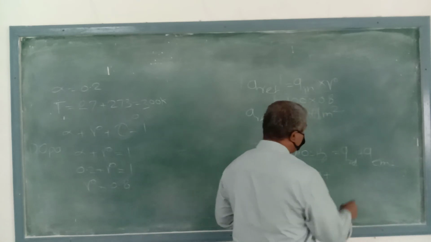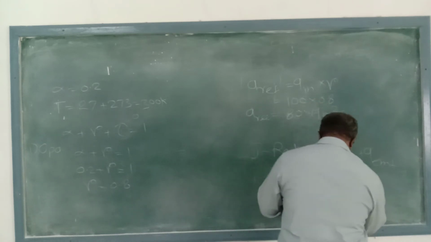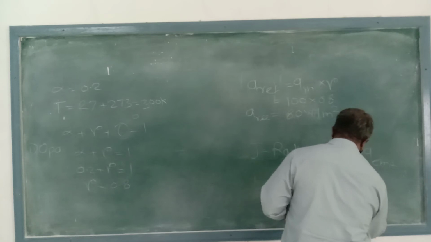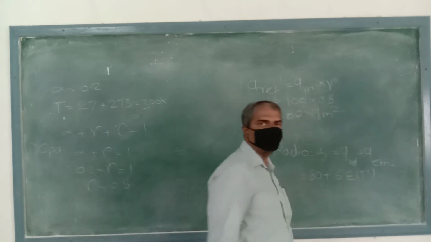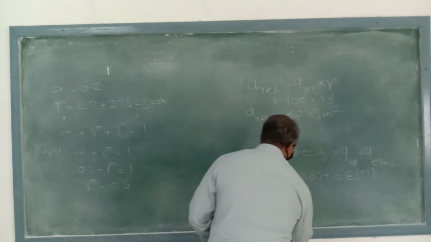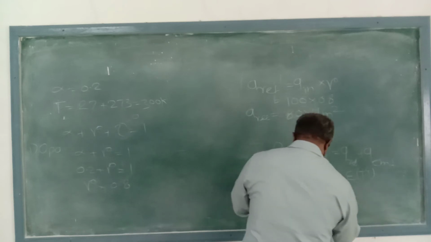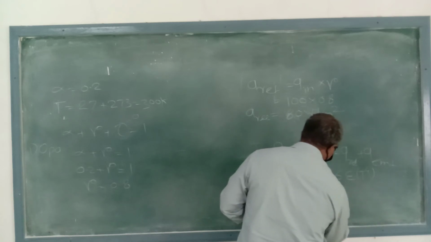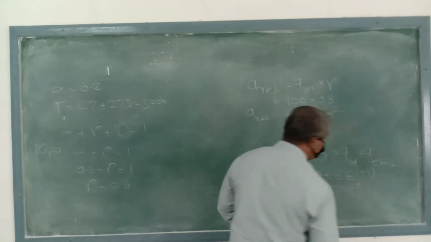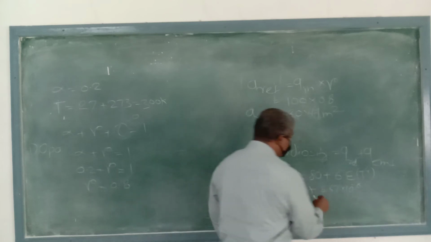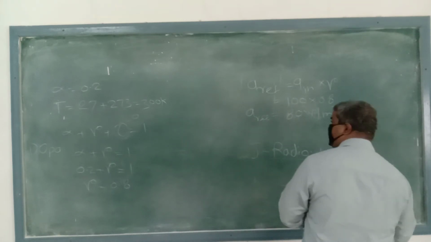Now you require to calculate the emitted value, and we know that Q emitted is equal to sigma into emissivity into T raised to 4. And for this we have the relation plus sigma value. We know that Stefan Boltzmann constant 5.67 into 10 raised to minus 8. Sigma value we have substituted into emissivity.